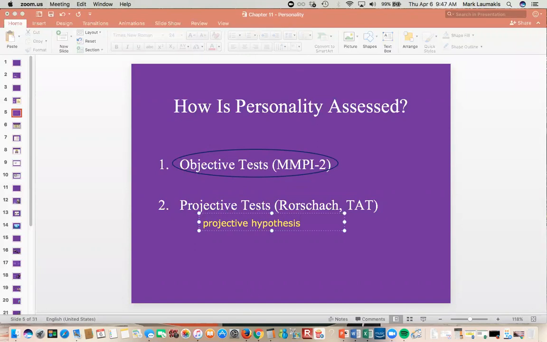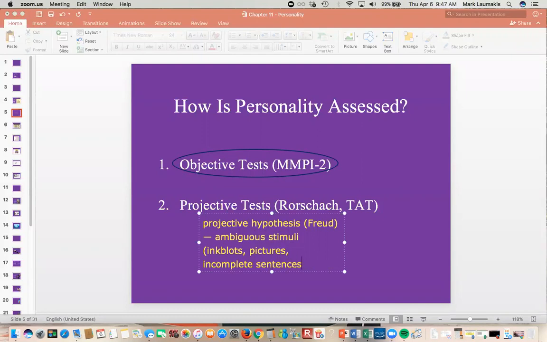And the projective hypothesis is a Freudian notion that basically says something like this. If I were to present you with any of a variety of different ambiguous stimuli, and those ambiguous stimuli could include ink blots, they could include pictures, they could include incomplete sentences.